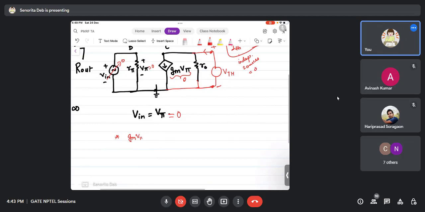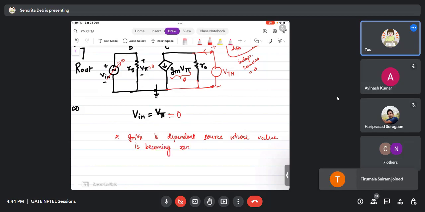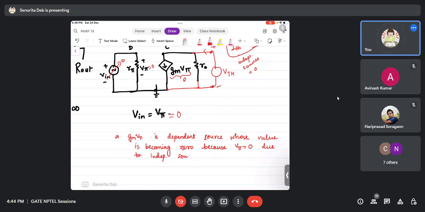GMV pi is a dependent source whose value is becoming 0 because V pi is 0 due to independent source V in being 0, because of the condition for finding output impedance.